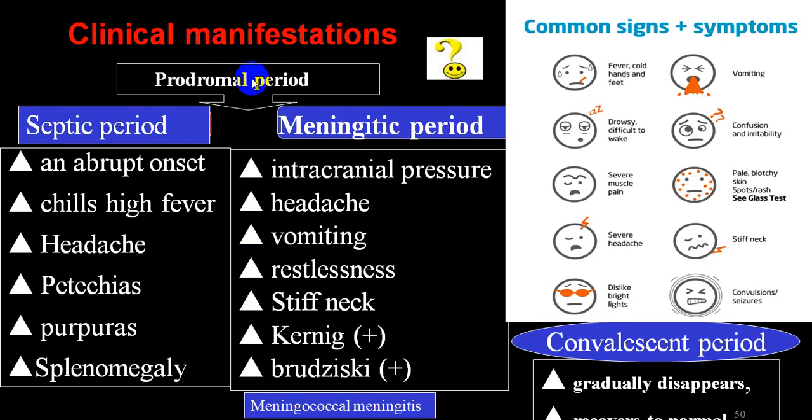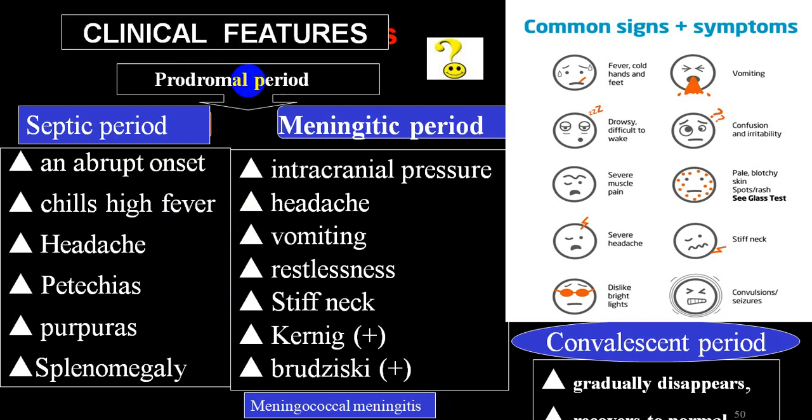So you can have a prodromal period where the person will have a fever with general symptoms and signs like body ache, headache, loss of appetite, a little nausea, vomiting, a little rash, etc. And there are two other periods which are divided because of septicemia, that is release of toxins, and because of involvement of meninges.